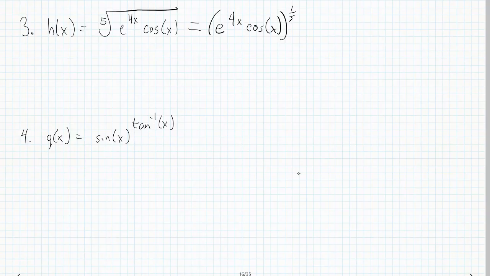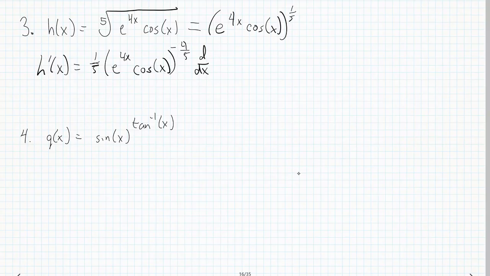So notice the outside function is at 1/5 power, and so we can use the power rule to start, and then we'll use the chain rule in a second, along with another rule in just a minute. So this is 1/5 e to the 4x cosine of x, to the 1/5 minus 1, which is negative 4/5. Then times the derivative of e to the 4x times cosine x.